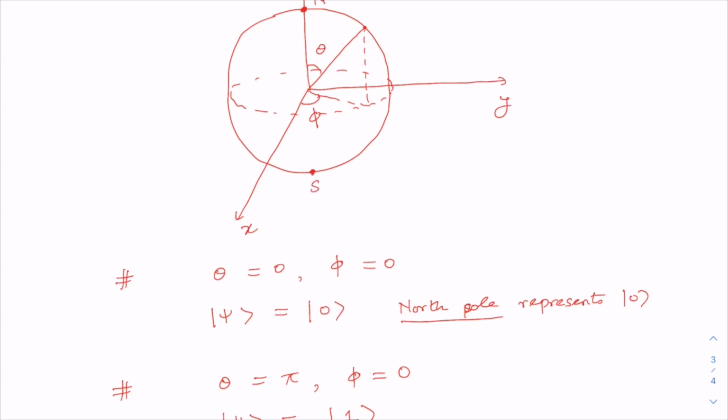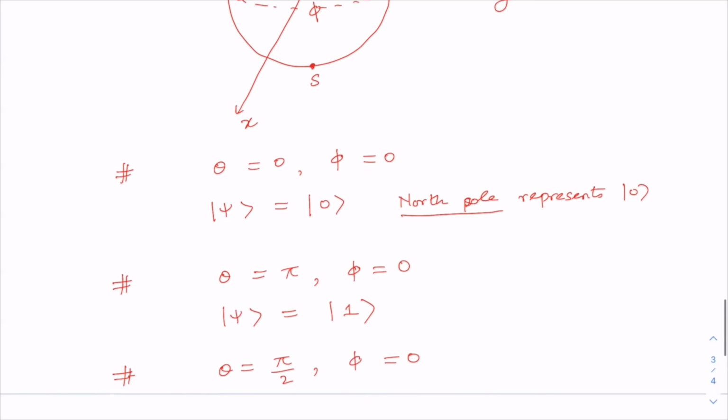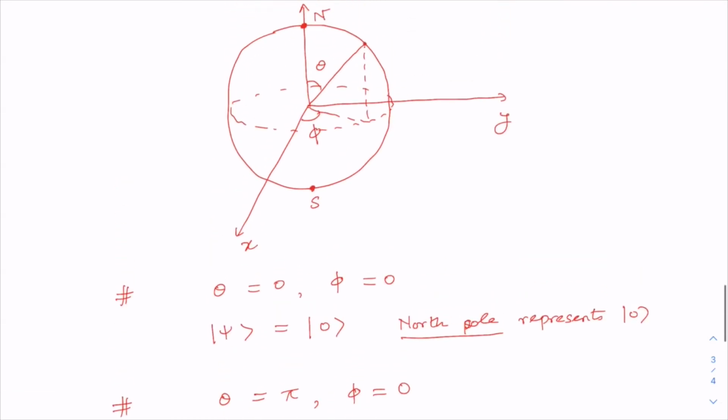and this would be the south pole. On the other hand, if I now take say theta equal to pi by 2 and phi equal to 0, this will correspond to the point where the positive x-axis meets the equator.